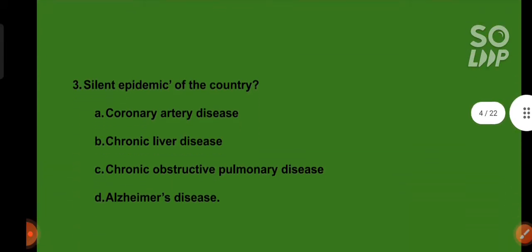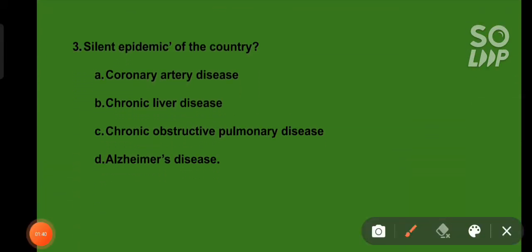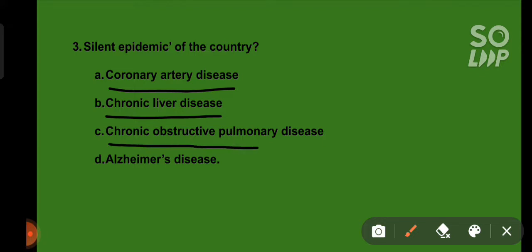The next question is: silent epidemic of the country. So what is the meaning of silent epidemic? The options are option A coronary artery disease, option B chronic liver disease, option C chronic obstructive pulmonary disease, option D Alzheimer's disease.